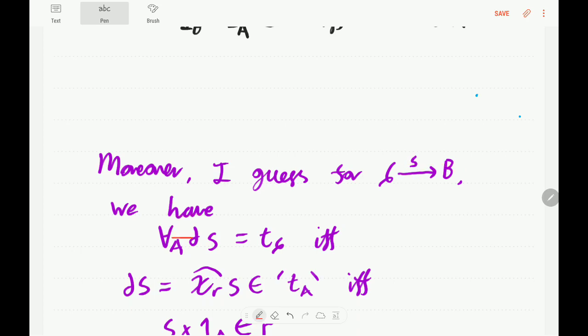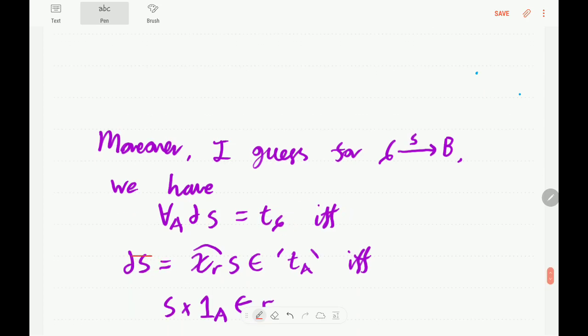So when we ask the question, what does it mean to write for all A, DS is true? Well, that means that DS, which is equal to chi R bar of S, is going to be in the name of true.